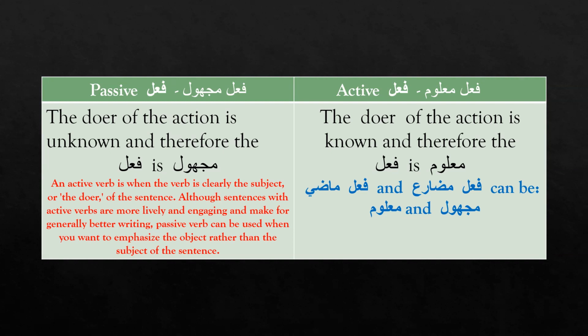One more thing to note is that both فعل معلوم and فعل مجهول can be in فعل ماضي and فعل مضارع. That means a فعل ماضي and فعل مضارع can be معلوم and can be مجهول. Alhamdulillah.